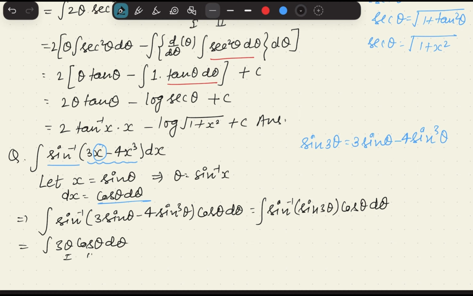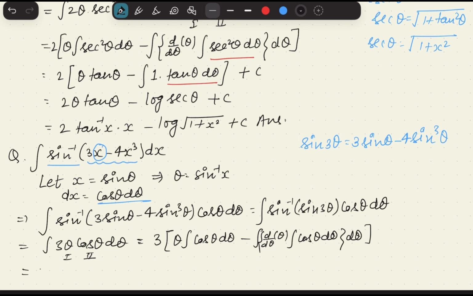Theta is the first function and cos theta is the second. Using integration by parts, we get theta integration of cos theta minus integration of differentiation of theta and integration of cos theta with respect to theta.